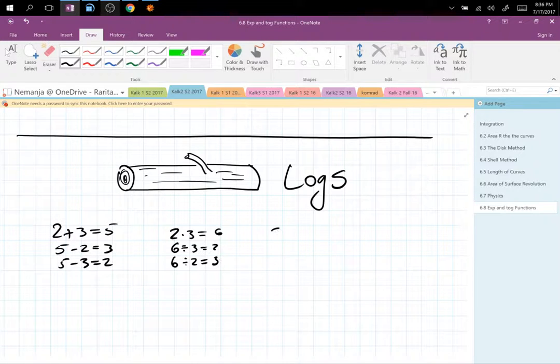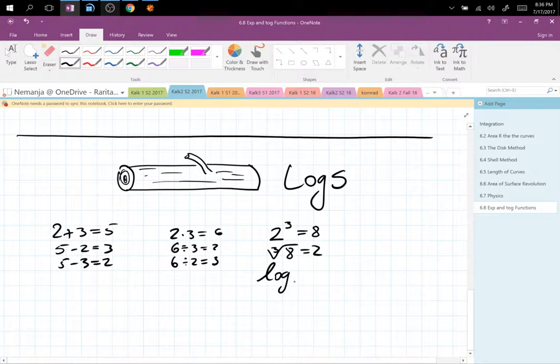And then you have 2 cubed is 8, with the cube root of 8 being 2, and log being the one that extracts 3. So log is just operation, just like addition or subtraction, except it operates differently. And it also suffers from the fact that it's the only mathematical operation that we see here that doesn't have a symbol to it.